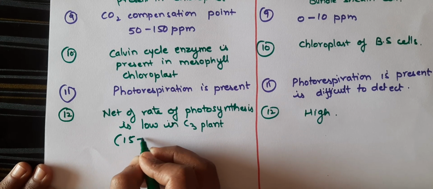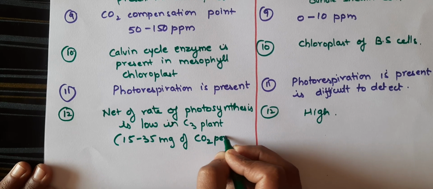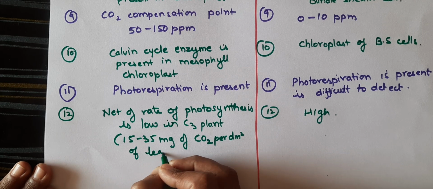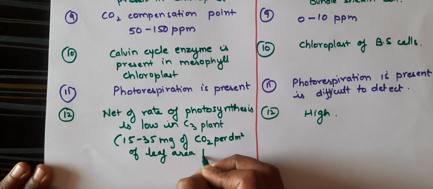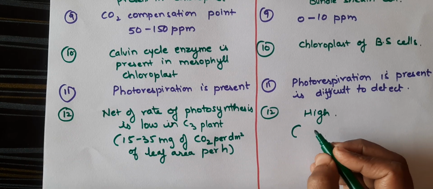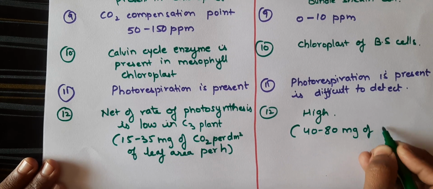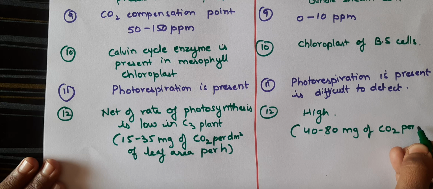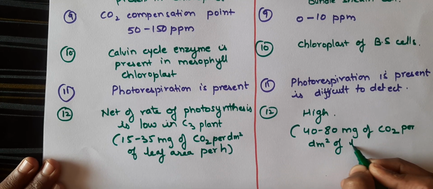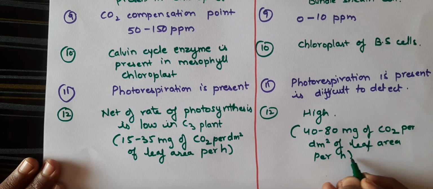It is around 15 to 35 mg of carbon dioxide per decimeter square of leaf area per hour. And the net rate of photosynthesis in C4 plant is around 40 to 80 mg.